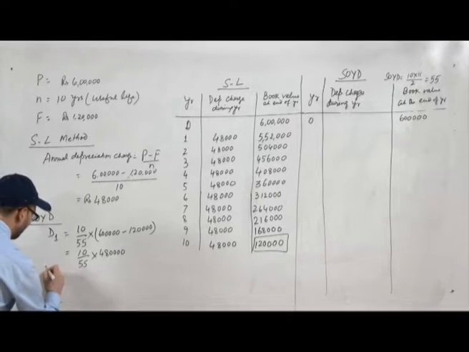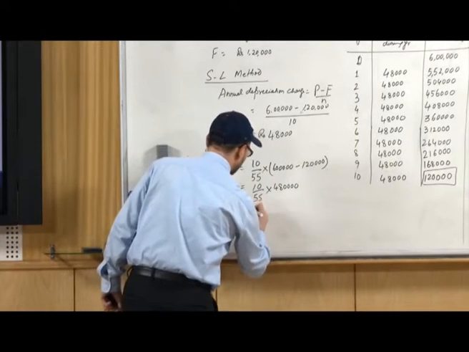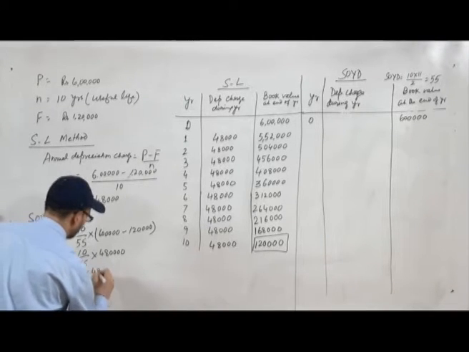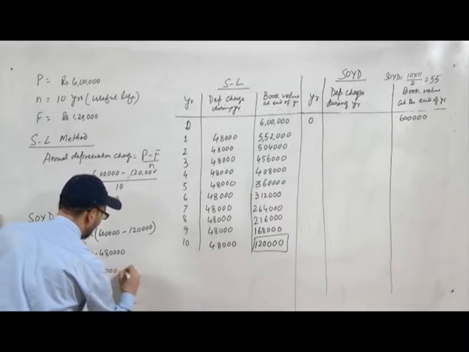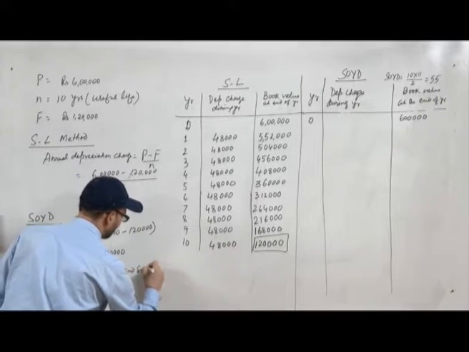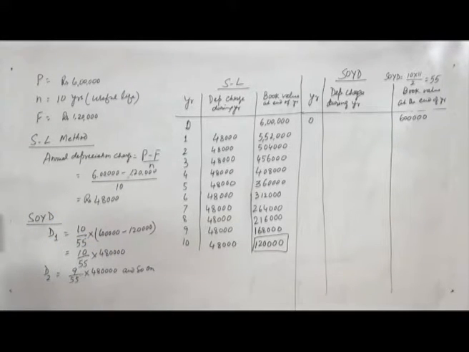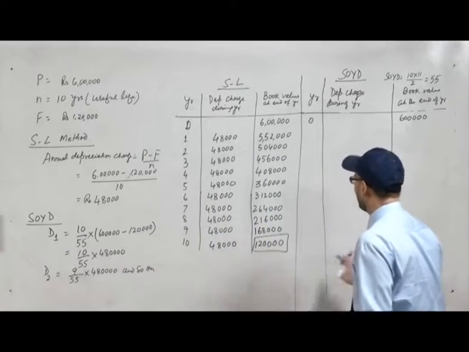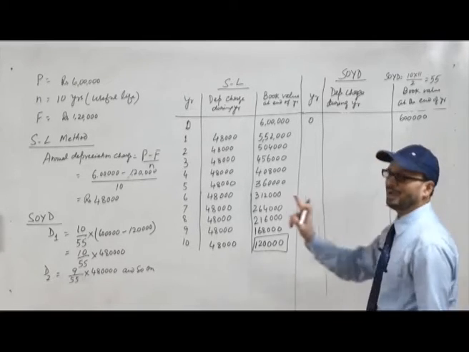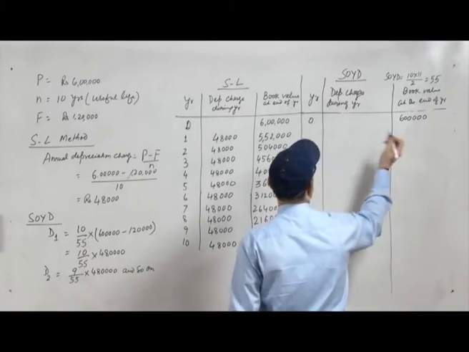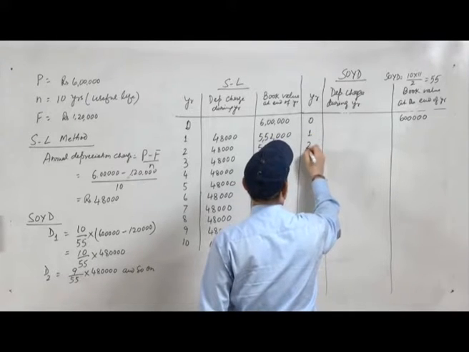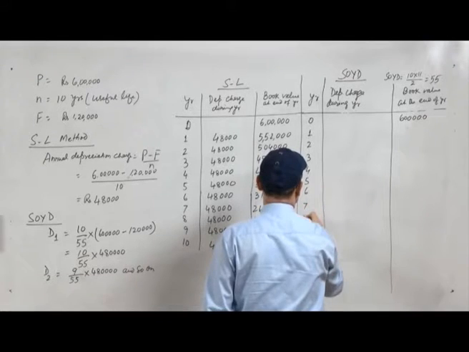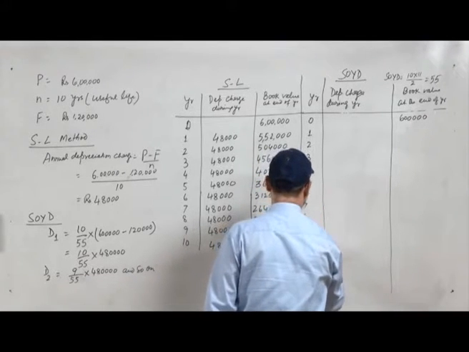In the second year it will be 9 by 55 into 4,80,000, and so on. Ultimately you will have the book value at the end of the 10th year as 1,20,000.